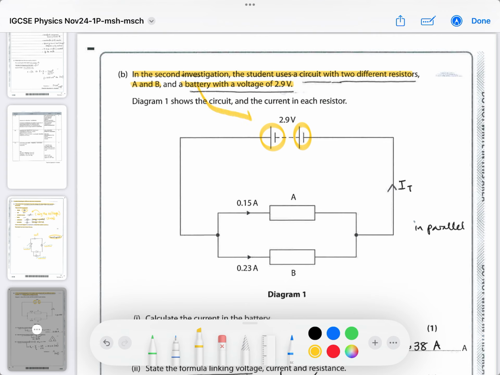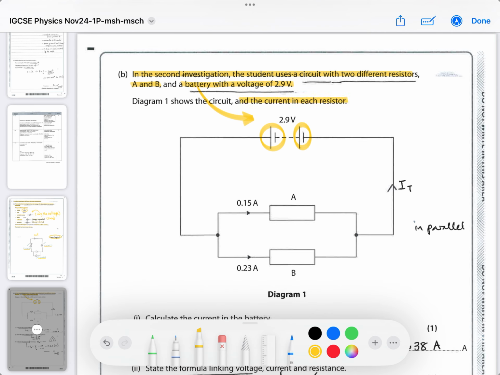So the battery has this symbol, okay. So 2.9 volts is the value of the potential difference that it can provide.